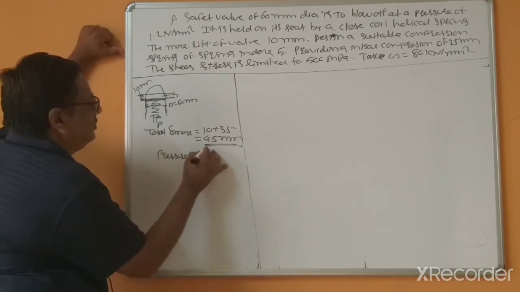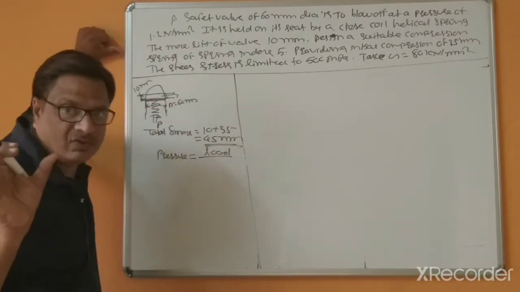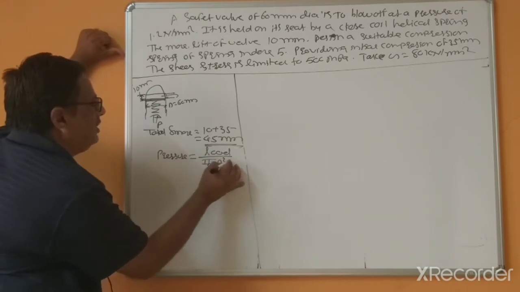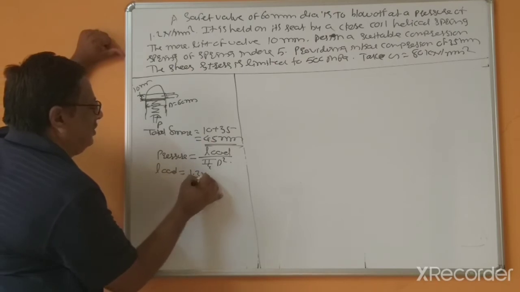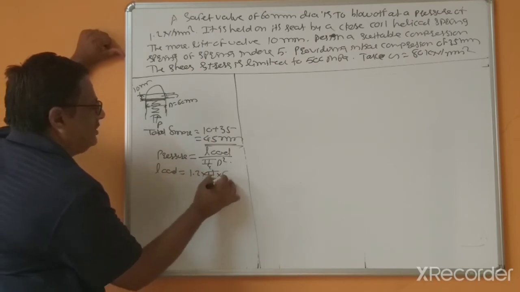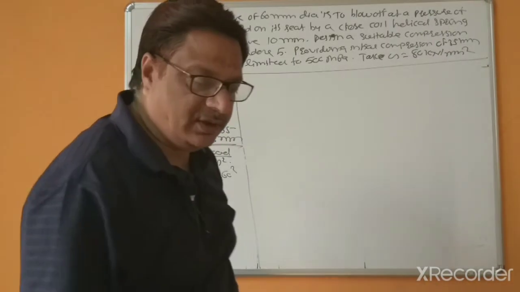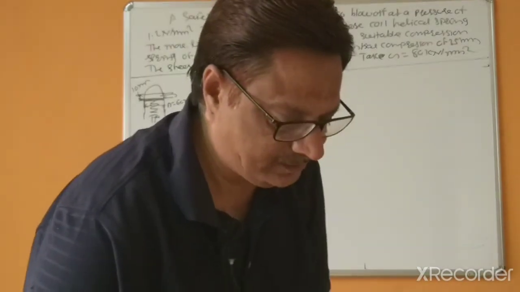Pressure equals load divided by the valve seat area, means this is pi by 4 into d squared. Load equals 1.2 into pi by 4 into 60 squared. So this is actually the load required for 10 mm.